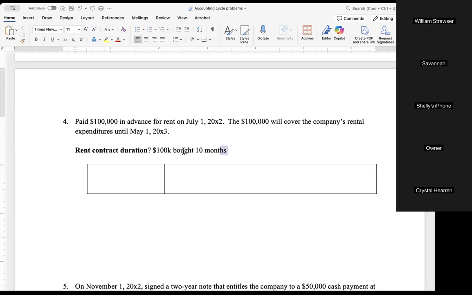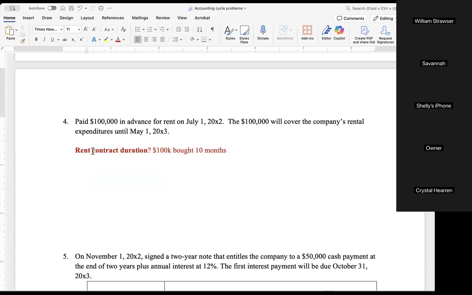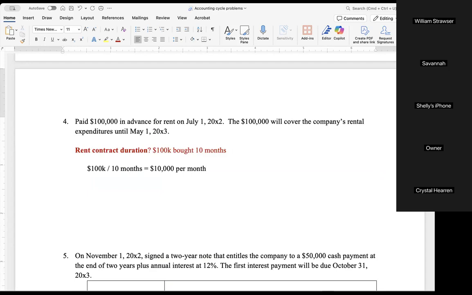And you wouldn't have to put this on the exam. I'm just typing out how I come at problems and the words I'm thinking in my head while I'm doing the problem. The first thing I want to figure out is the per month amount. If it's 10 months, I take the 100,000 and divide it by the 10 months it represents, and it tells me my rent is 10,000 per month.